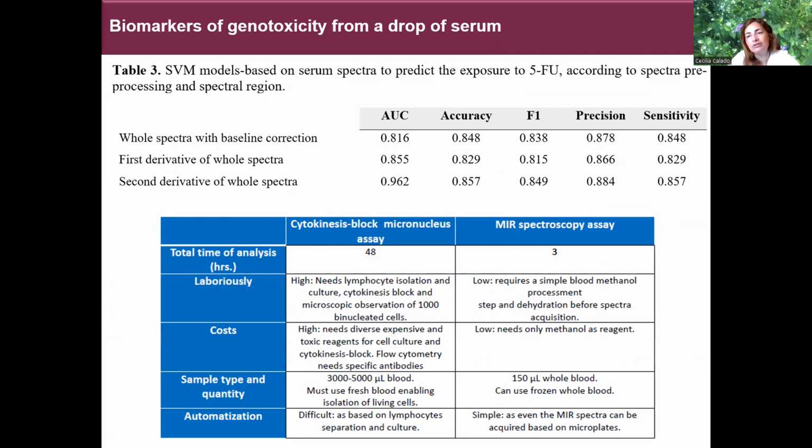we were able to predict if a person presents genotoxic events. We were able to predict with a very high accuracy, around 0.86, with a high precision, 88%, and with a high sensitivity, also 86%, if that person was exposed and already presents genotoxic events.